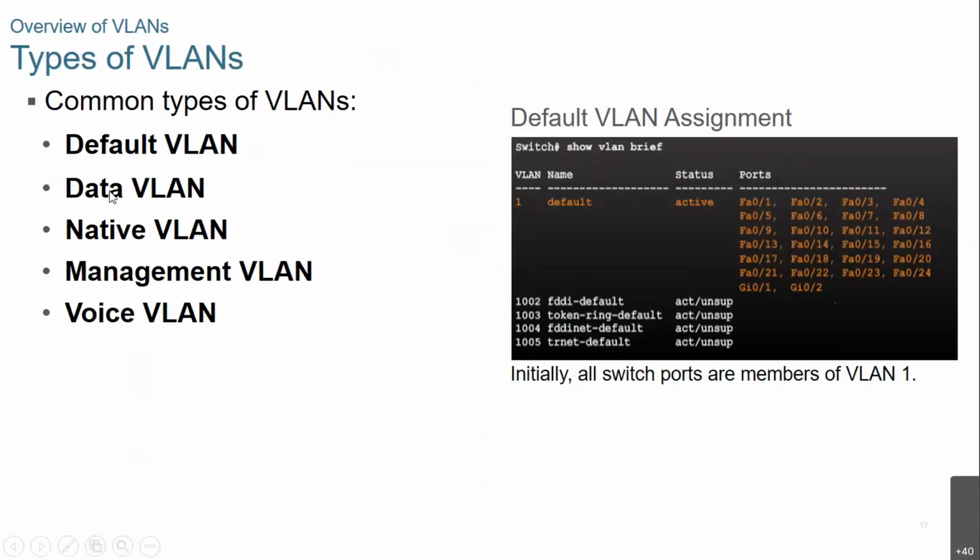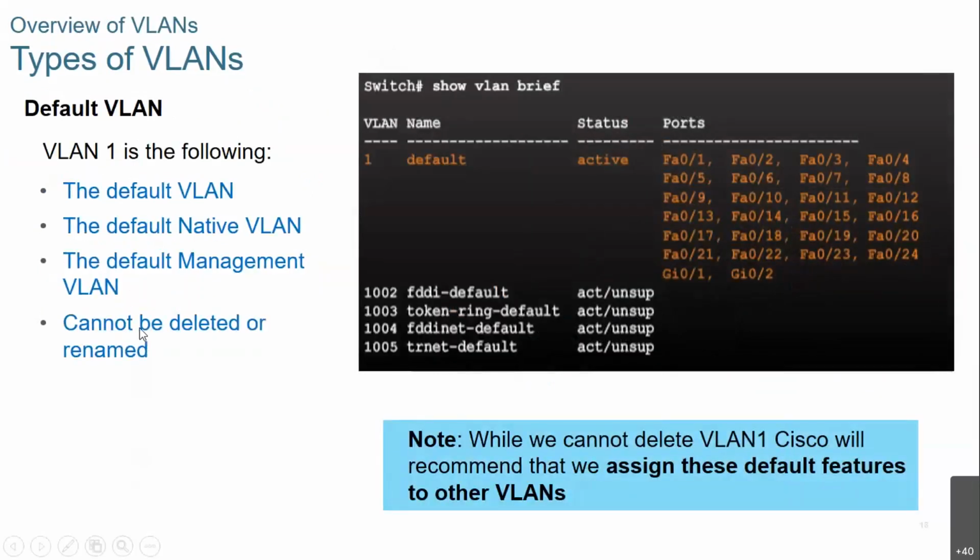So default VLAN, we have data VLAN to manage and transfer data. Native VLAN for those that don't have a tag. Okay, and then we have management VLAN for management, and also we have voice. So default VLAN, okay, VLAN 1 is the default VLAN, it is the default native VLAN, it is the default management VLAN.